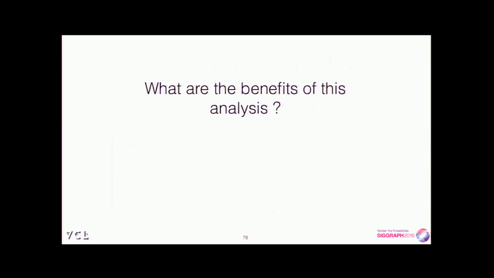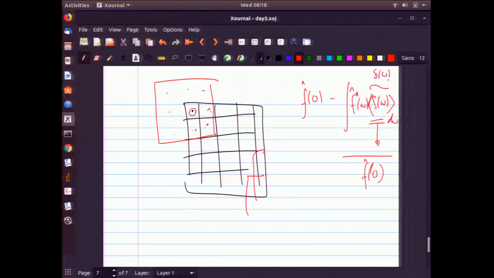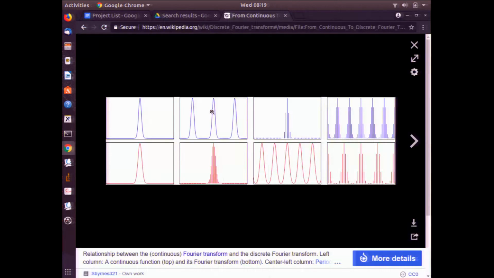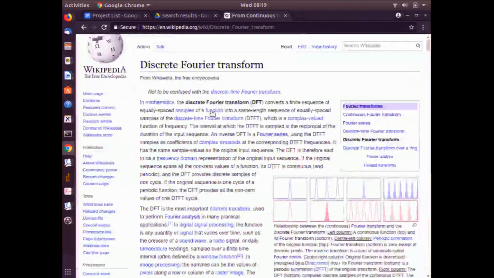Okay, so maybe what I could do is use this time to, so you probably already have a lot of ideas of what the benefit is. I've been mentioning it all along. Now maybe we can look at what your lab exercise is.